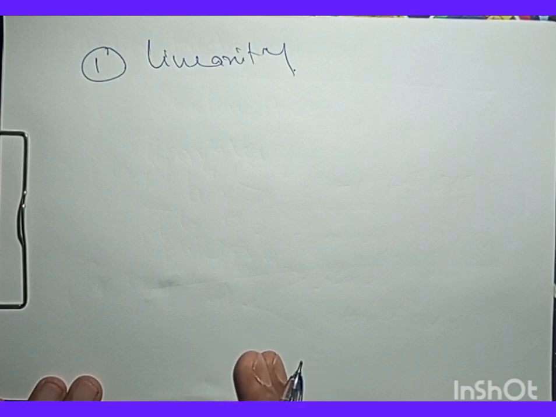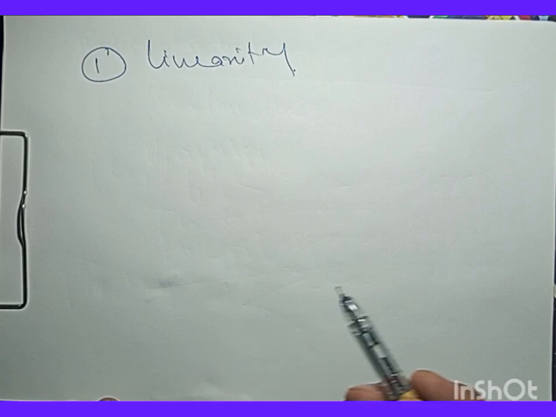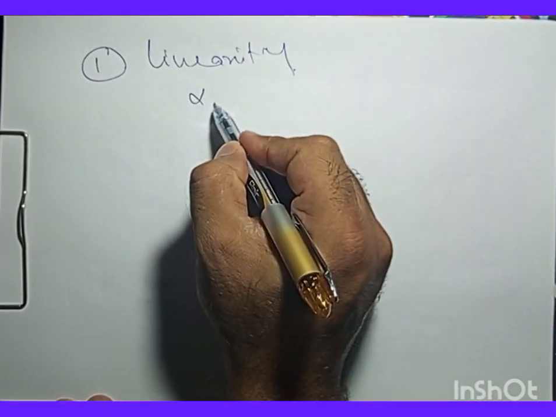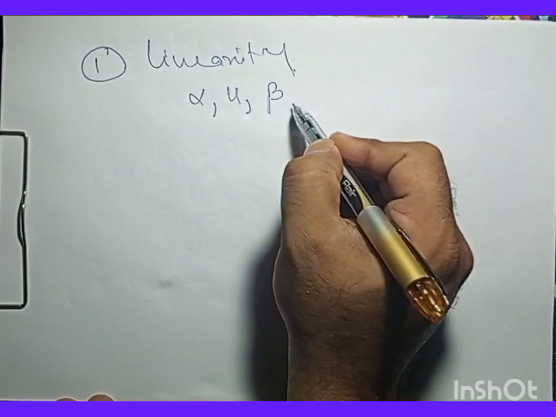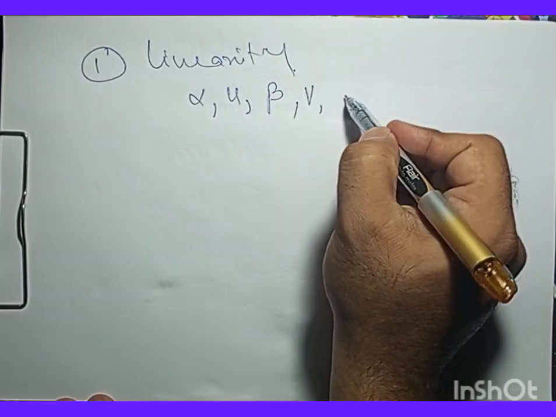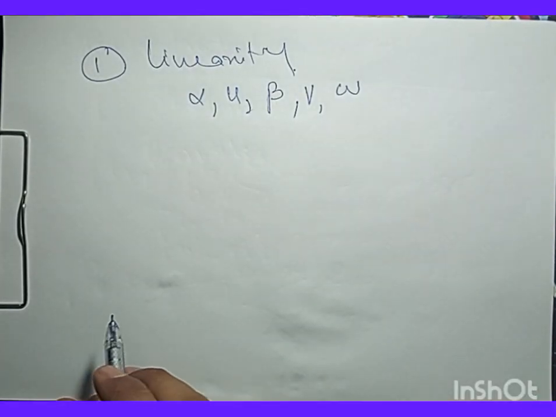What does that mean? Say I have a scalar alpha and a vector u, another scalar beta and a vector v, and another vector w.